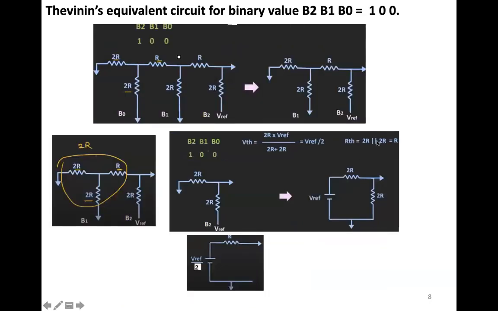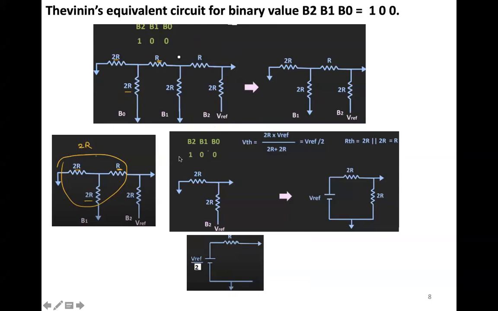Now, the Thevenin equivalent for the binary value 1, 0, 0. How is this going to happen? This should be just one step, right? So for 1, 0, 0, B2 is going to get V reference, and these two are actually 0. So let us see how it functions when it is 0.